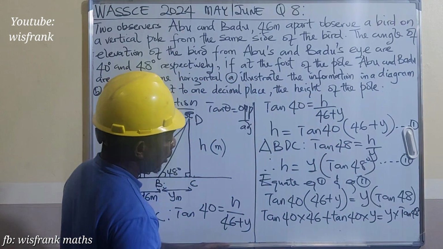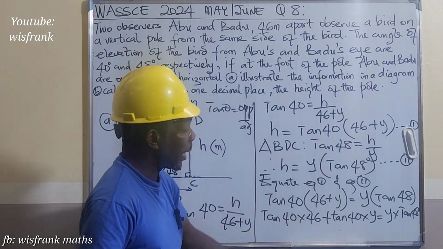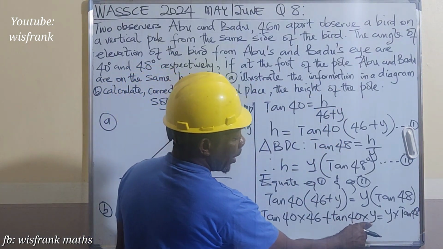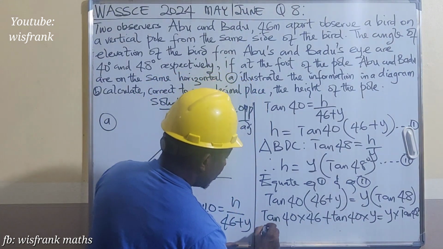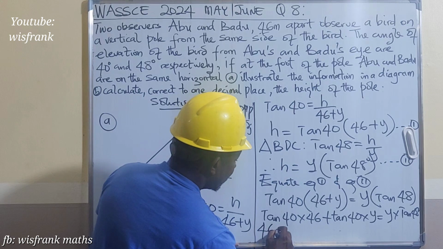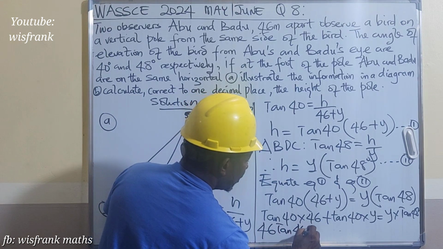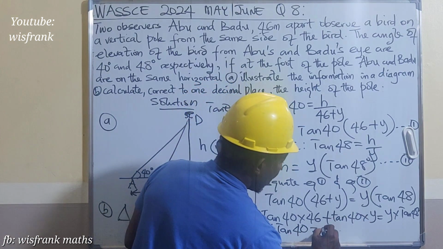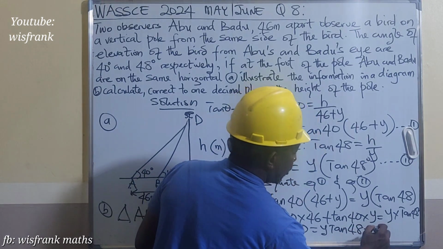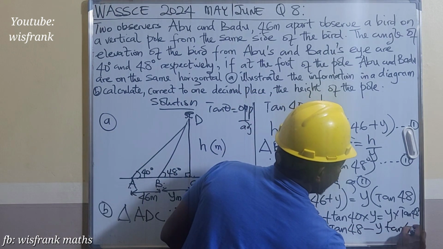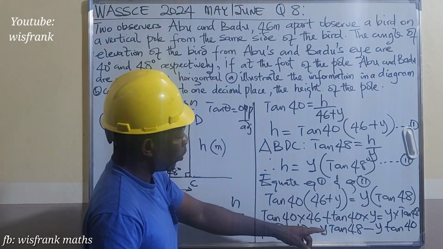So the next step is for us to collect like terms, because we have y here and we have y here. So we will transpose this to the other side. So we have 46 tan 40 equals y tan 48 minus y tan 40.